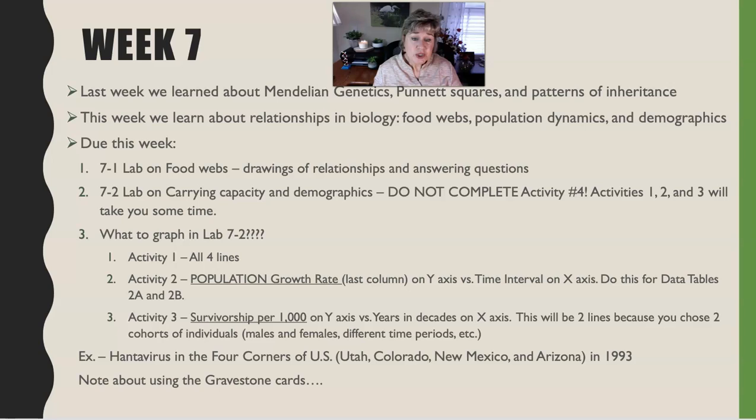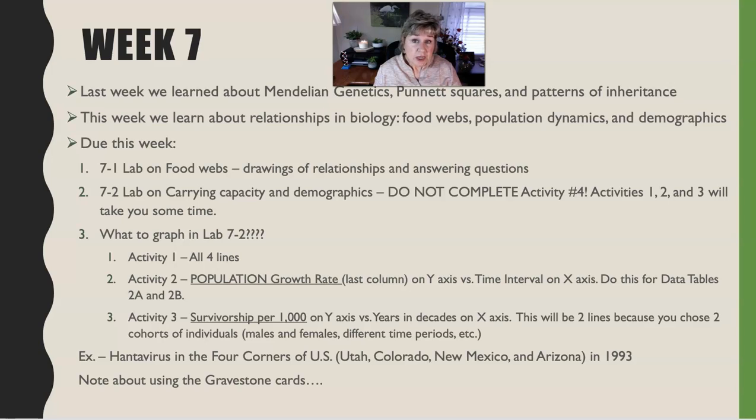Lab 7-2 is about carrying capacity, so how many individuals of a population can an ecosystem provide enough sustenance for in order for those individuals to survive? You realize that you can have too many individuals. That is certainly true for all types of animals that we have. So, for example, deer. How many deer can a particular ecosystem handle?